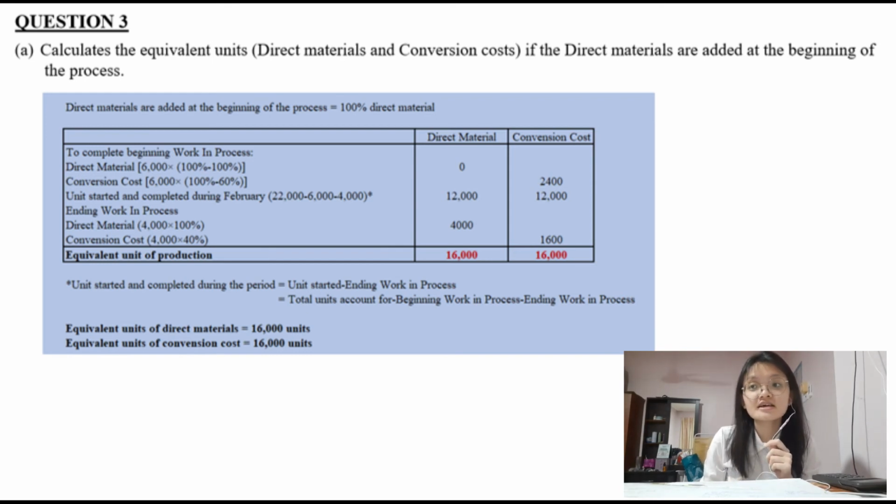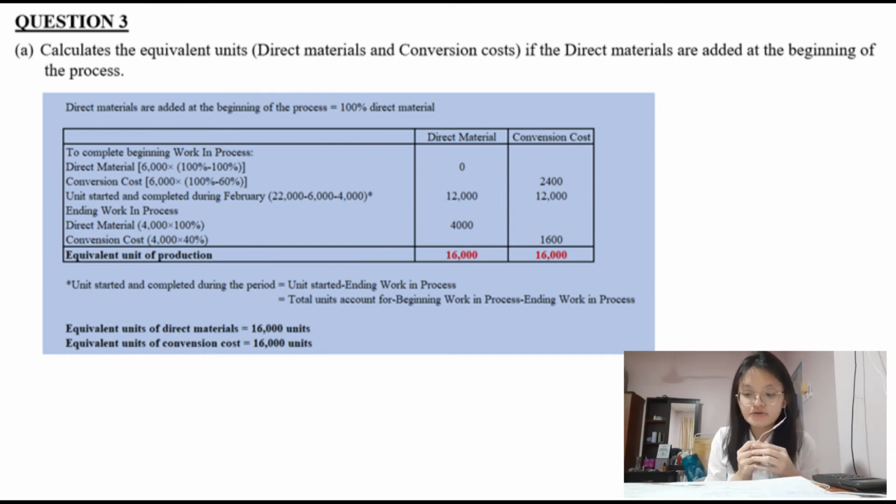And the second is the unit started and completed during the period, during the February. As we know that if we want to calculate the unit started and completed during the period, we need to use the total unit to account for minus the beginning work in process and minus the ending work in process.